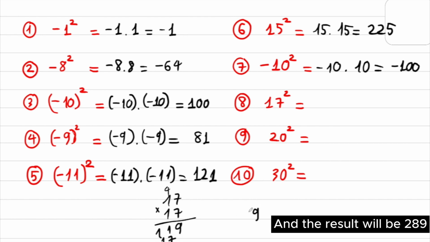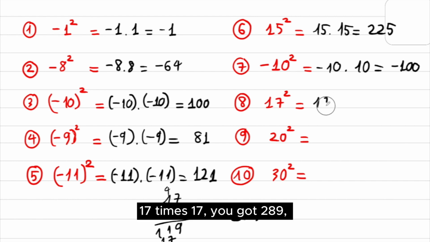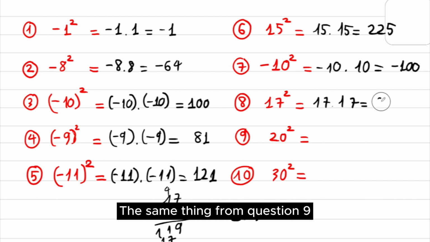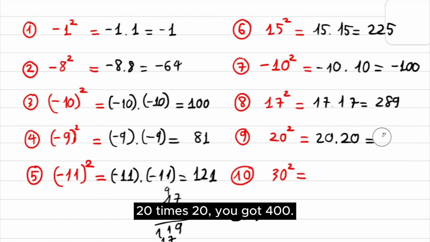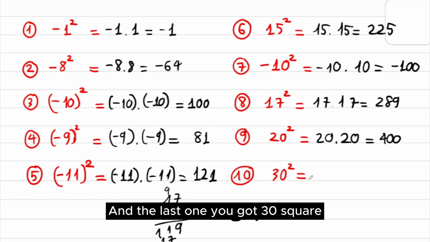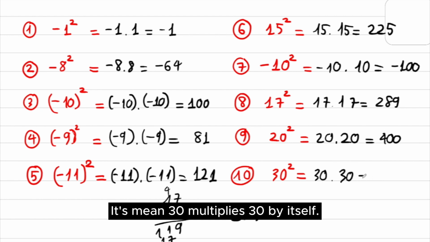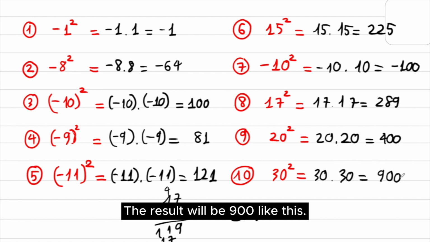And the result will be 289. So 17 times 17, you got 289. The same thing for question 9, but this calculation is very easy. 20 times 20, you got 400. And the last one, you got 13 squared. It means 13 multiplied by itself. The result will be 900 like this.